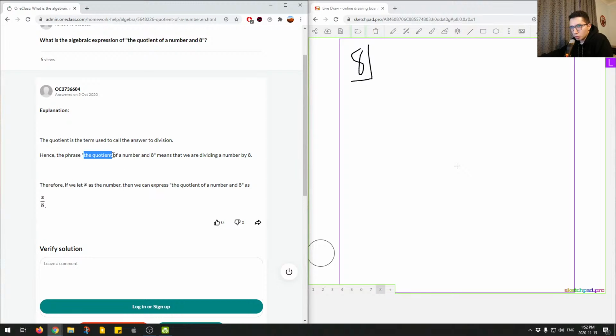Hence the phrase the quotient of a number and 8 means that we are dividing by the number 8. Therefore, if we let x be the number, then we can express the quotient of a number and 8 as x divided by 8. So that's a quick explanation. This is what this means, just x divided by 8 or some number divided by 8.